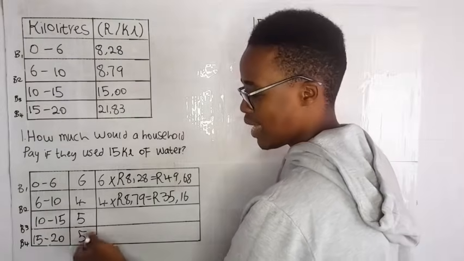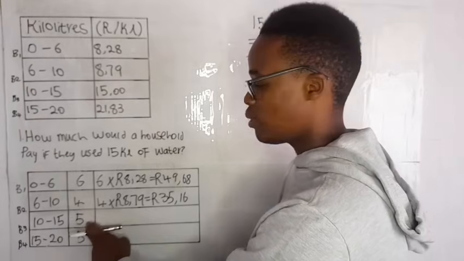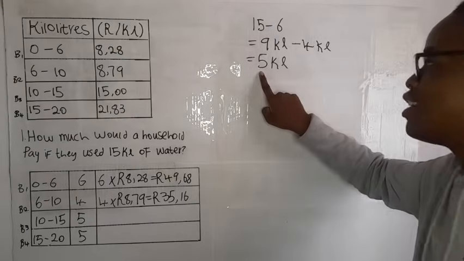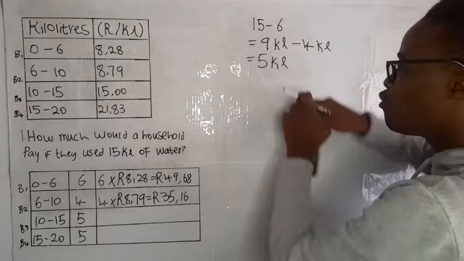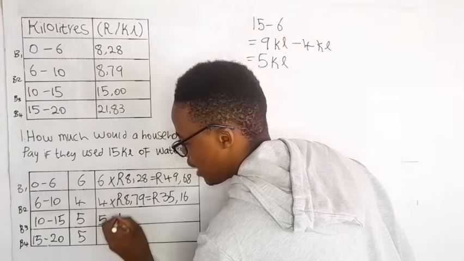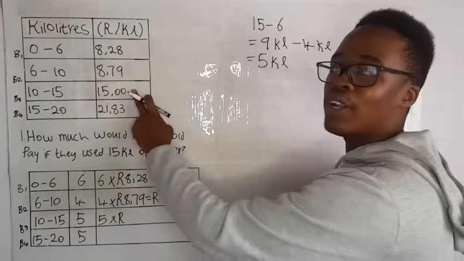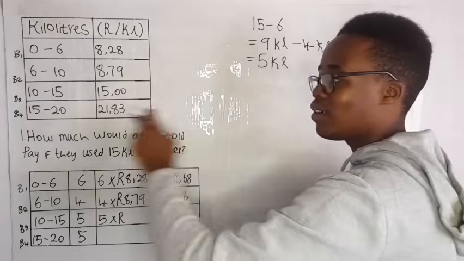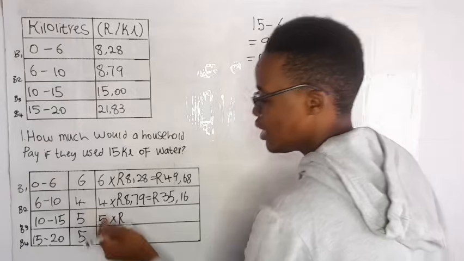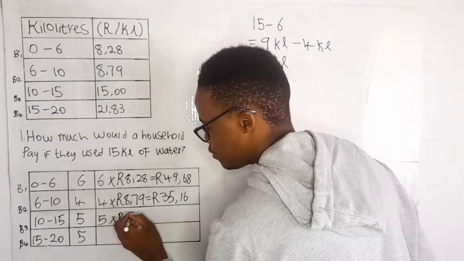As you can see, the interval is 5 kiloliters, and we're left with 5 kiloliters. So you take the whole 5 kiloliters and say 5 multiplied by the amount on block 3, which is 15 rands.